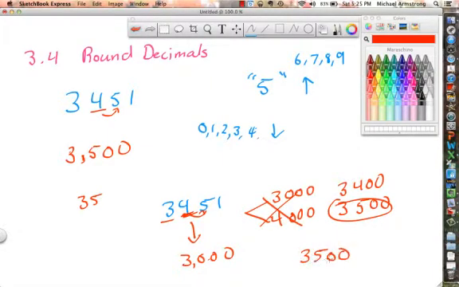So if you wanted to make your savings account sound good, you could round to the hundreds and say that I have about $3,500 in my savings account. It depends on where you round, what kind of an answer you're going to have. Sometimes you want to round down, and sometimes you want to round up. If you're buying enough paint to paint your bedroom, you want to round up on the amount of square feet that you need to paint.